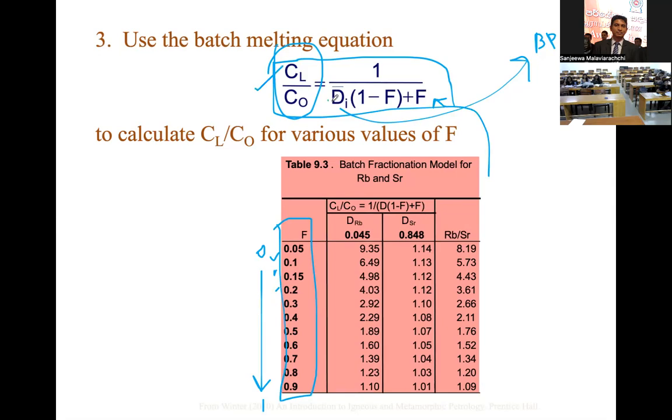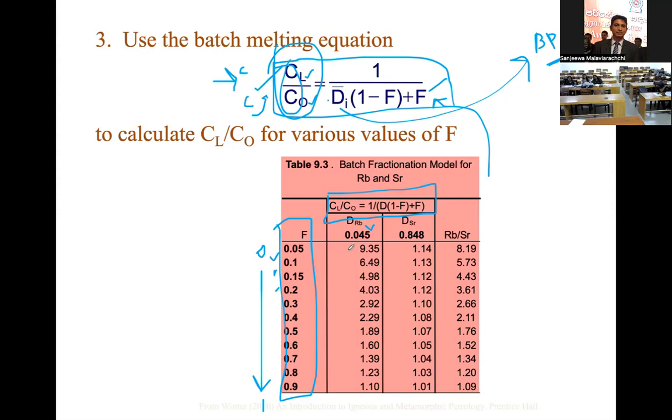We already calculated this bulk partition coefficient. So what you have to change is F and this ratio, right? Then you apply that equation, and you can put that value for rubidium: the concentration of rubidium in the liquid divided by the concentration of rubidium in the original source. Since we are taking this whole ratio, you don't need the separate amounts.